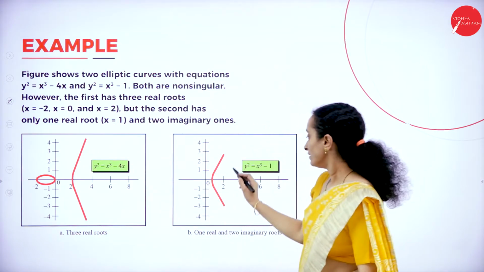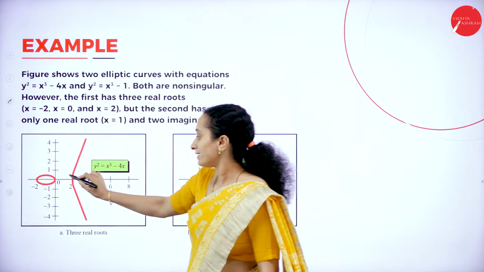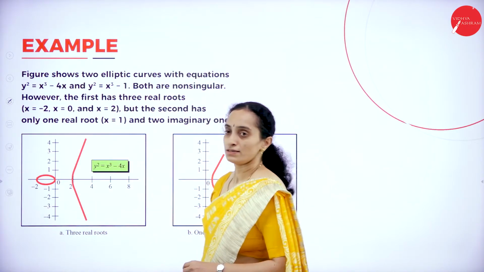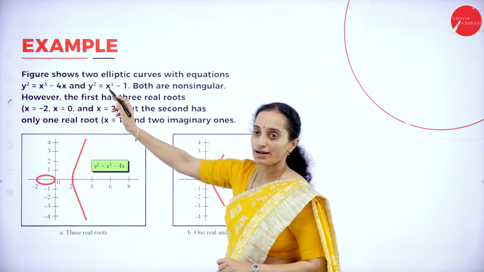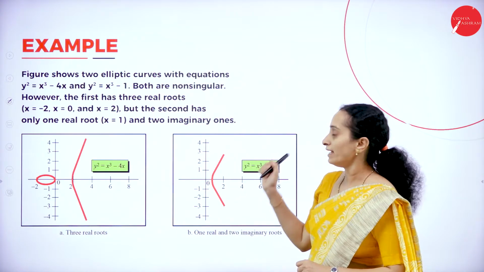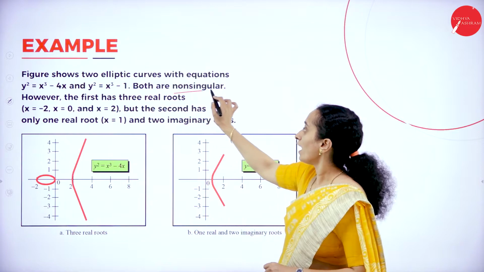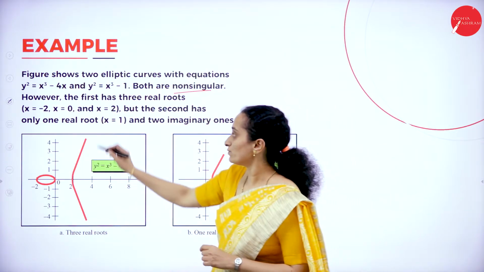You can observe the difference of the curves here. This is a longer one and has 3 points on the x-axis. Both are non-singular. That means they have multiple values.